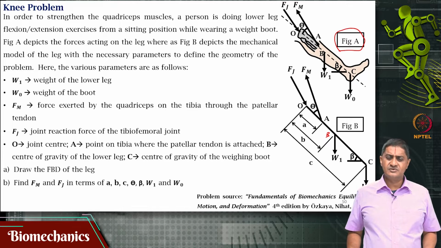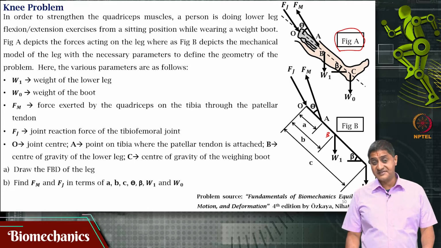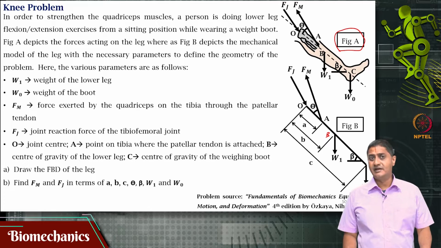Let us say that using some model or anthropometric measure, I somehow know where B is, where A is, or where C is, for example. I know beta because that is the inclination that the leg is making with respect to the horizontal. Maybe I can measure it using some simple technique like an IMU, for example.